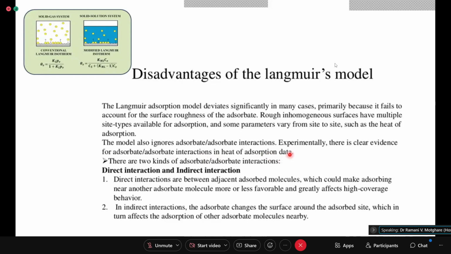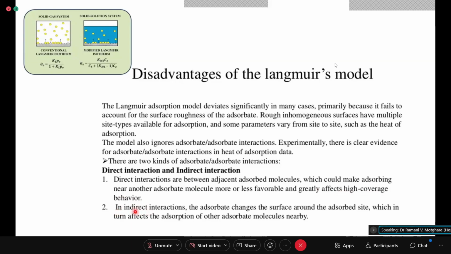Okay. Then experimentally, there is clear evidence for adsorbate interactions in heat of adsorption data. Also, it is seen that it is not like a monolayer, but it has been assumed to be a monolayer. Then direct interaction and indirect interaction. Direct interactions are between adjacent adsorbed molecules, which could make adsorbing near another adsorbate molecule more or less favorable and greatly affects high coverage behavior.